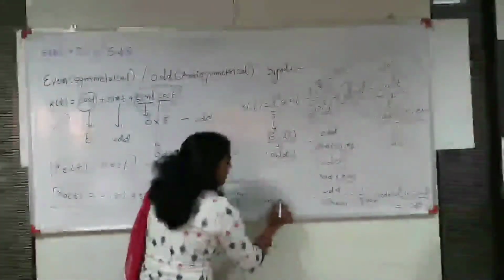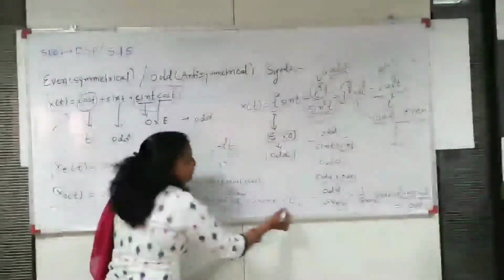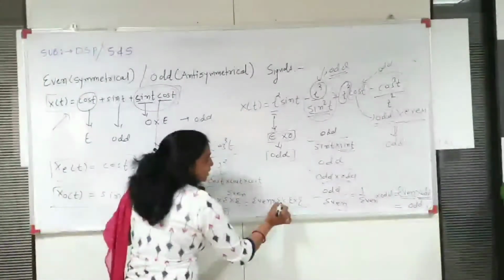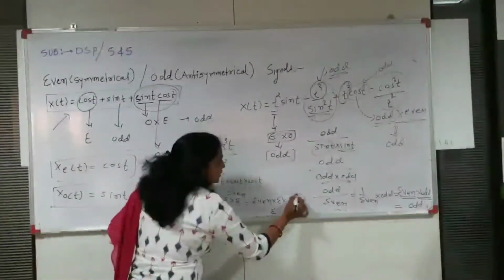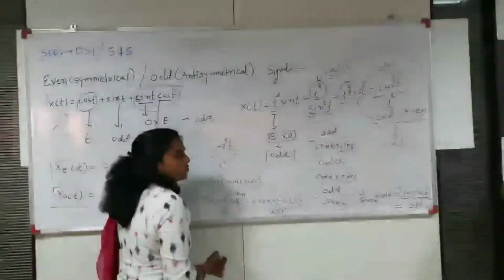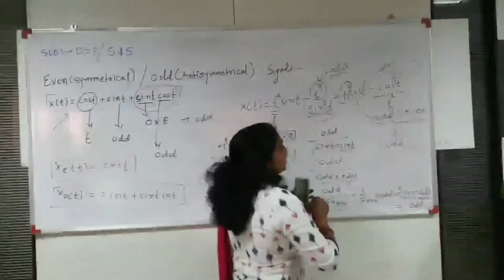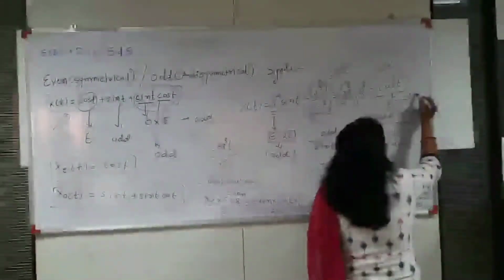Even signal into even signal into even signal into even signal, 4 times even. The combination of 2 even signals is an even signal, so again it's even into even, so it becomes an even signal. So only this component is an even signal.